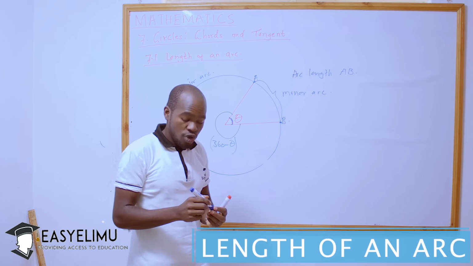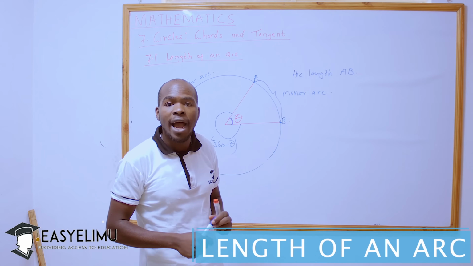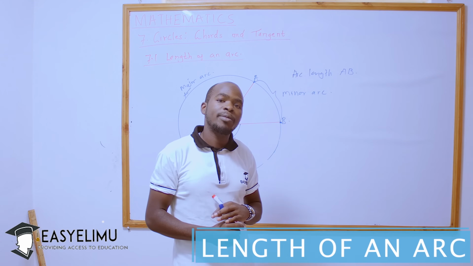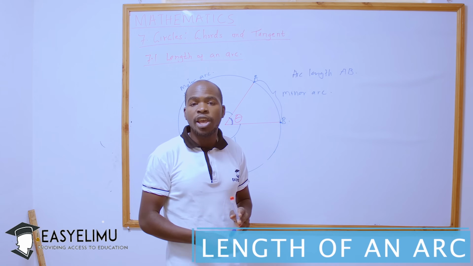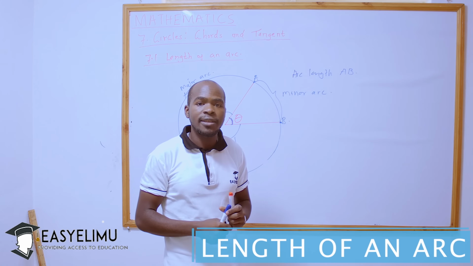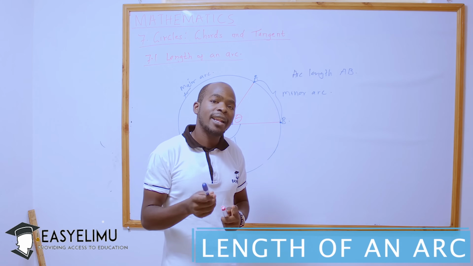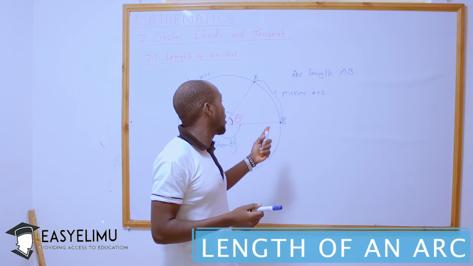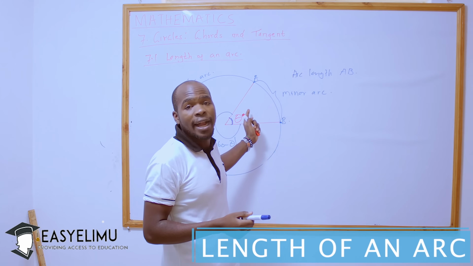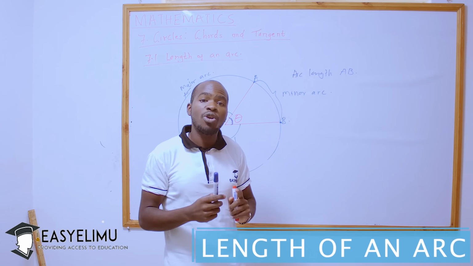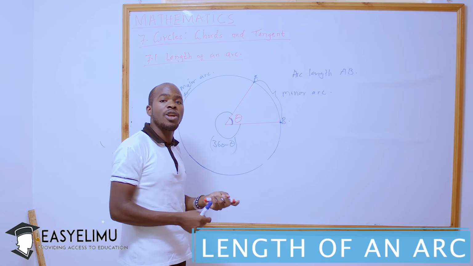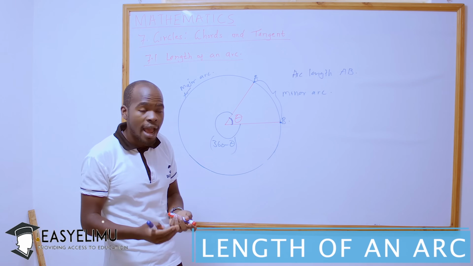Sometimes you may be asked to find the arc length, which may be the major arc length and sometimes the minor arc length. If you're not told which, you will be told to calculate the arc length subtended by an angle which is acute or obtuse, or a minor or a major, so you will be guided by given angles.